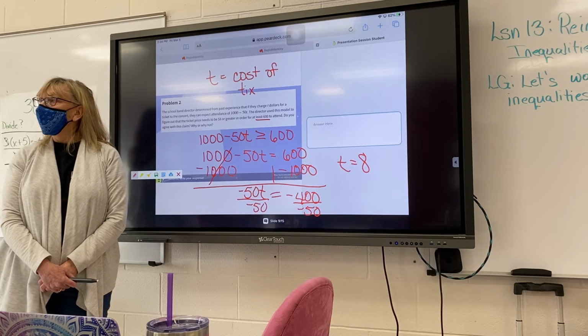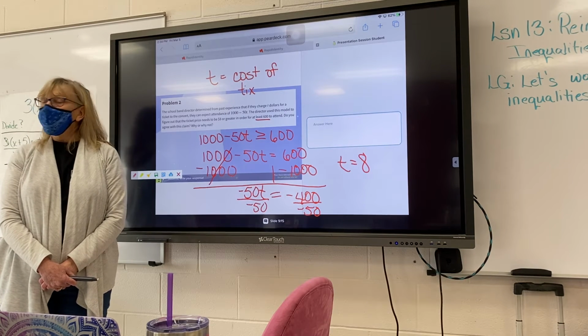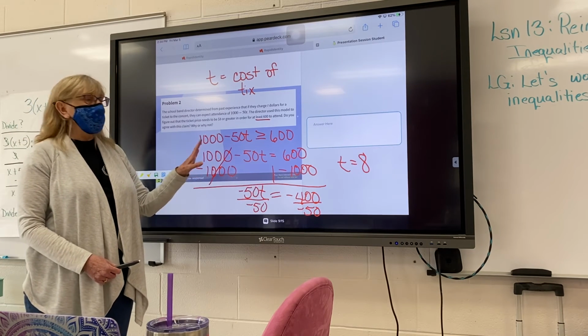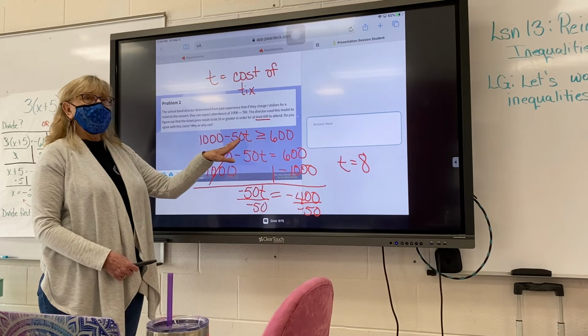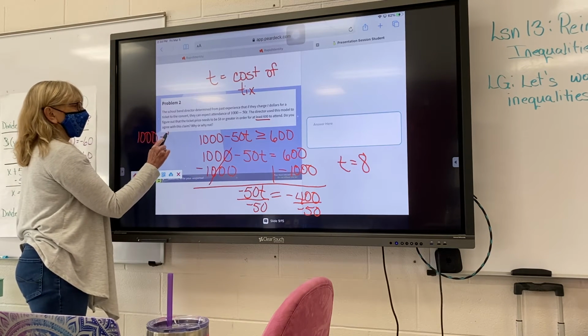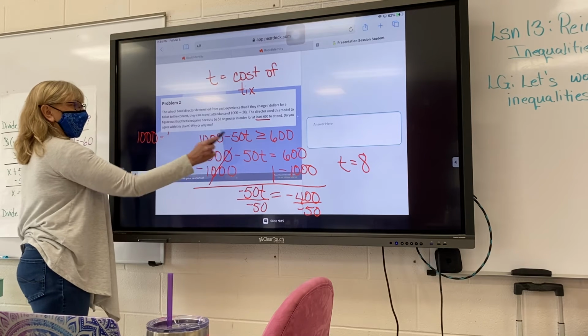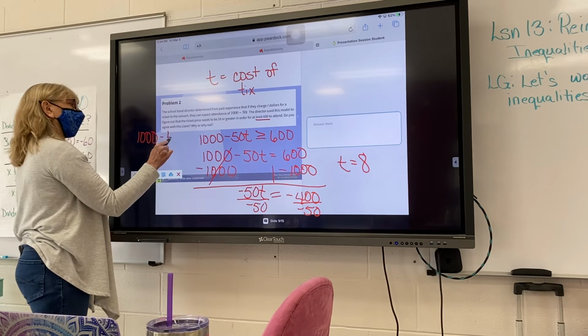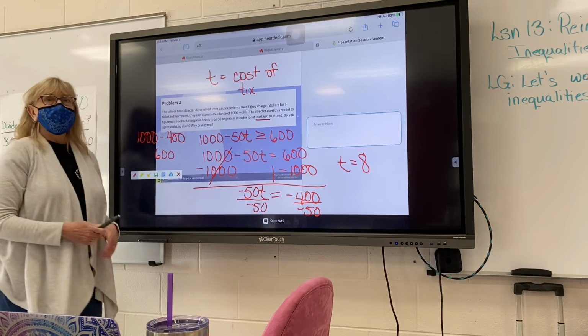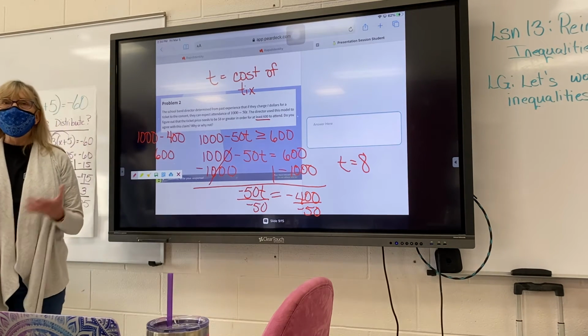Okay? So you can do it this way, and I had somebody in second core just say, well, if I plug in 8 there, I end up with 1,000 minus 8 times 50, which is 400. And does that give me the 600 that I want? Yes, so therefore 8 is my boundary number.